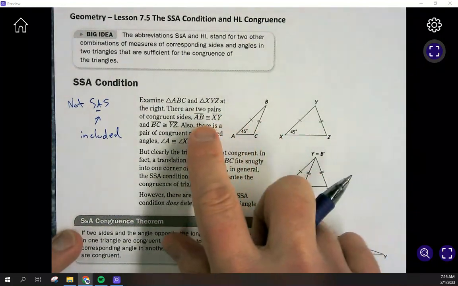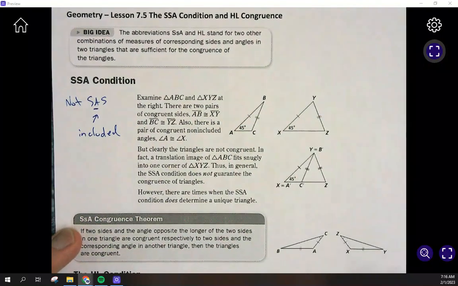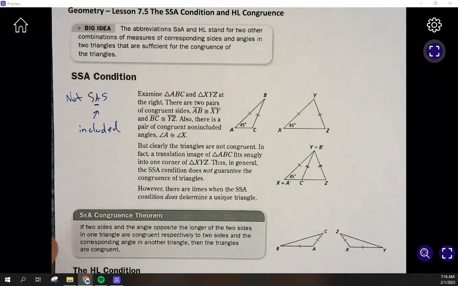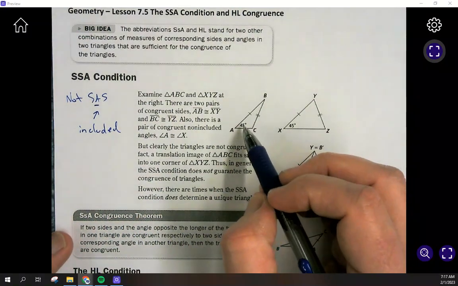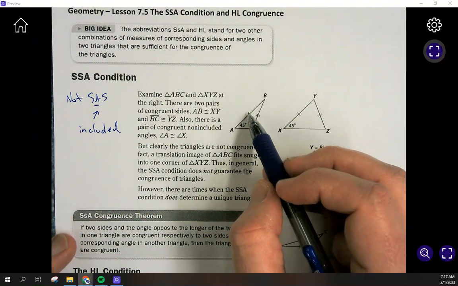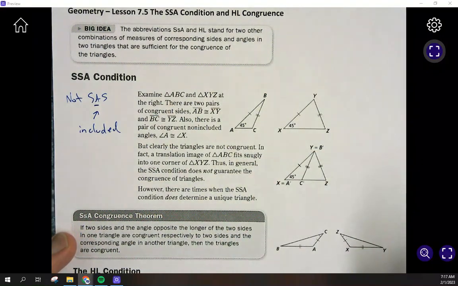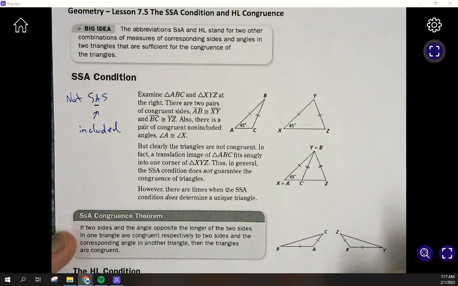So as we look at these, I've given you these two pictures that show you why this in general does not work. If given two triangles where you have, say, 45 matching angles, and then two congruent sides, they are not necessarily congruent triangles. So that's how come we have not used SsA as one of our theorems.